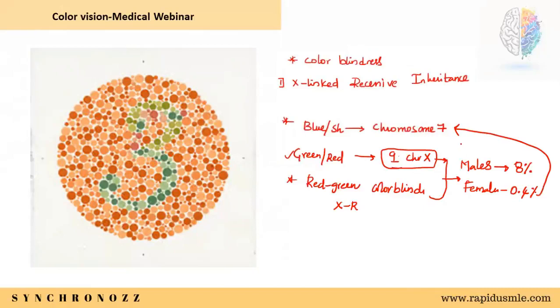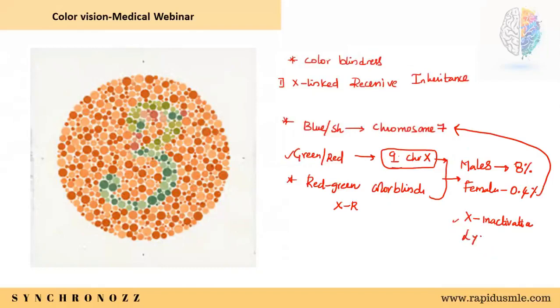So my statement doesn't imply that green-red color blindness is not present in females. It can also be present, and the phenomenon where X-linked recessive diseases are also seen in females is because of X inactivation.